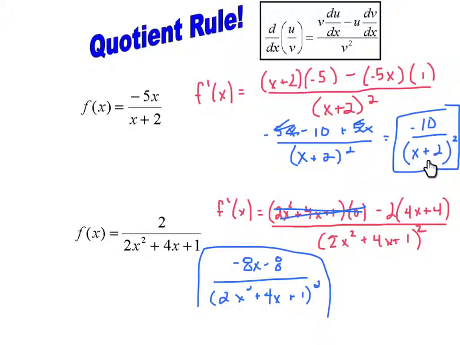It does not help us to know it's x squared plus 4x plus 4, or that this one is 4x to the fourth. That doesn't help us. This is what we want, okay? So please do not multiply it out. Leave it in factored form. You don't need to square it out. Just remember, low d high minus high d low, cross the line, and square that low.